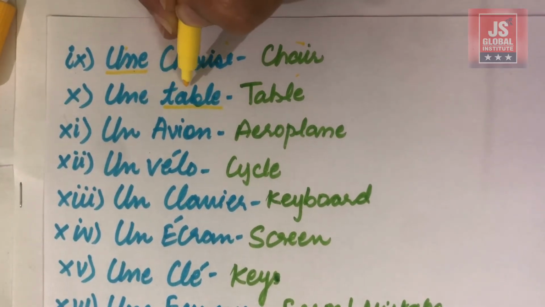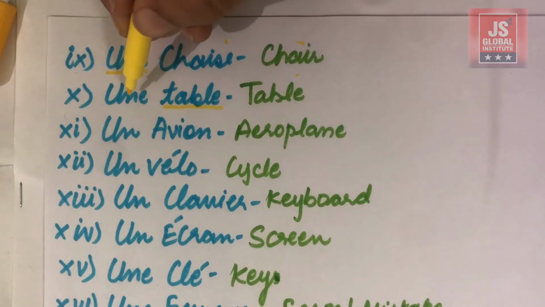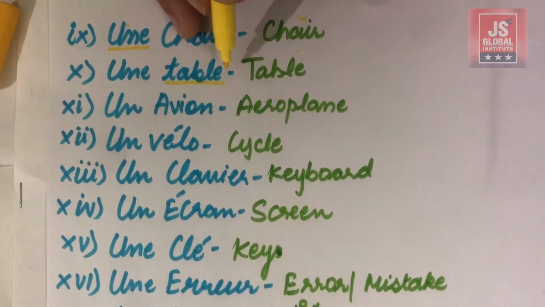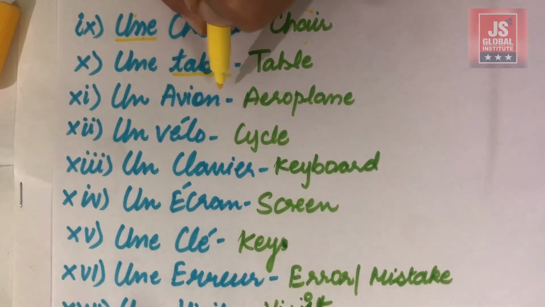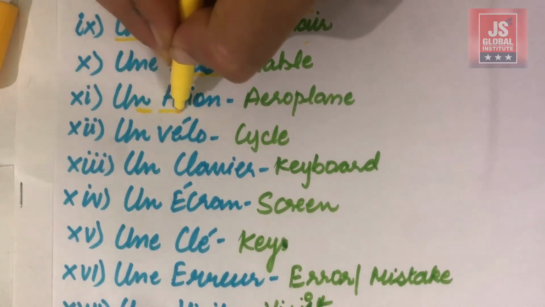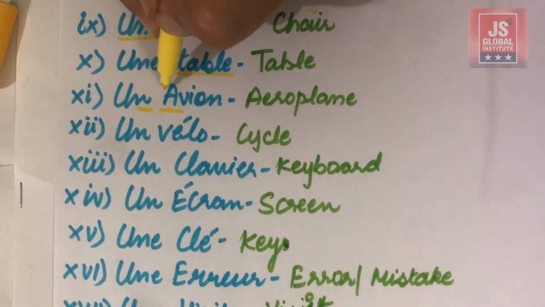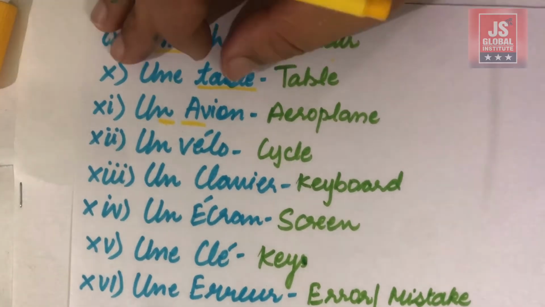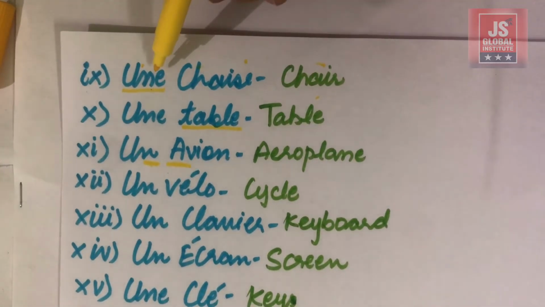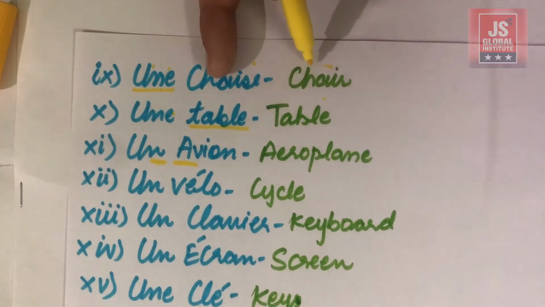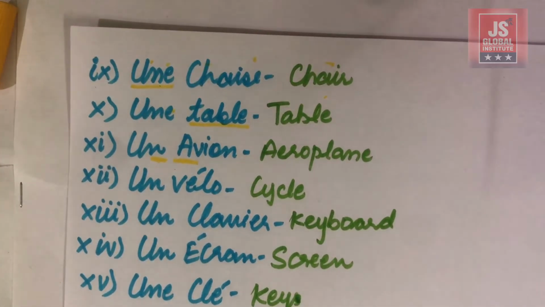Alright, une table. Alright, moving on, un avion. So here we connected this N and A, and it becomes un avion, that is aeroplane. So here you can see that une chaise, une table, that means both table and chair are feminine in French.